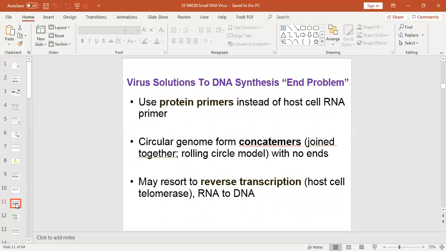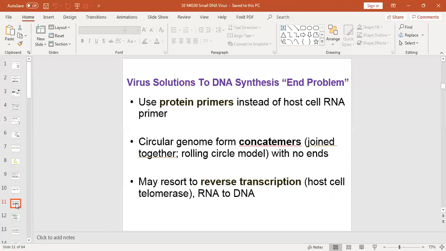The second problem that DNA viruses face upon infection of a host cell is the end problem. Remember, we mentioned that DNA cannot be replicated at the end of linear DNA molecules, and the reason for that is the use of RNA primer by host cell DNA polymerase. So how can we overcome this? Very simple.